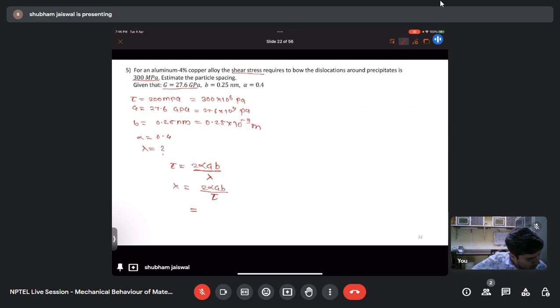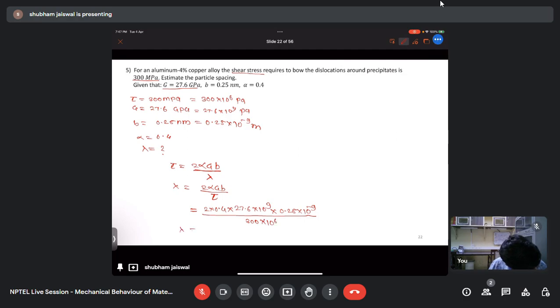So this becomes 2 into 0.4 into 27.6 into 10 to the power 9 into B, which is 0.25 into 10 to the power minus 9, divided by 300 into 10 to the power 6.